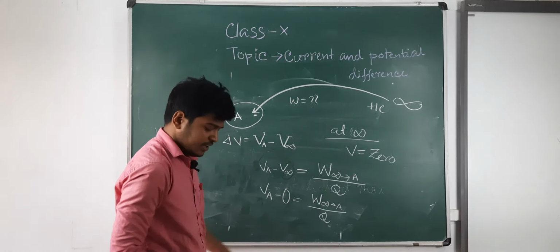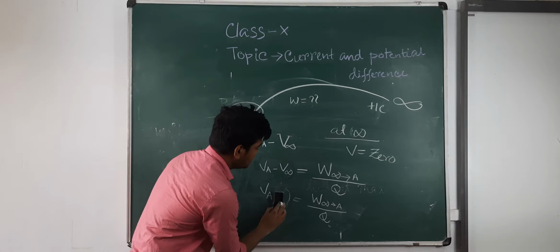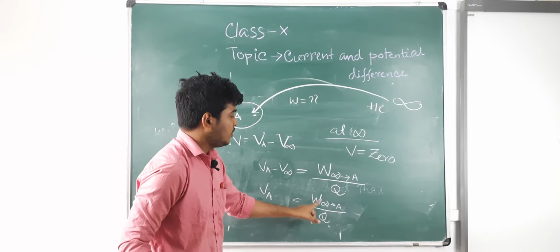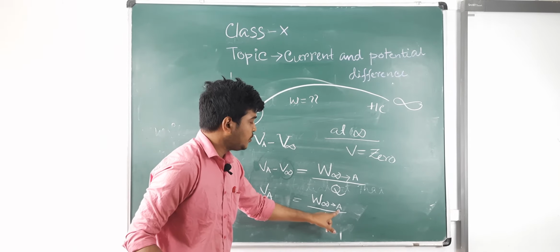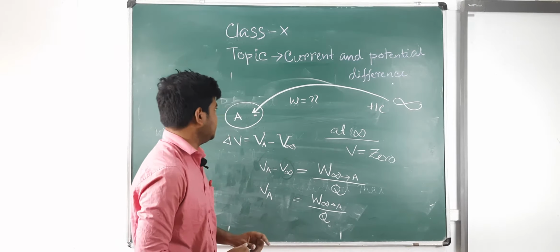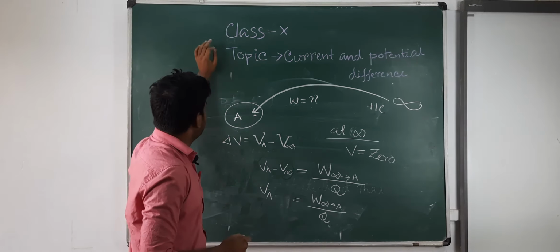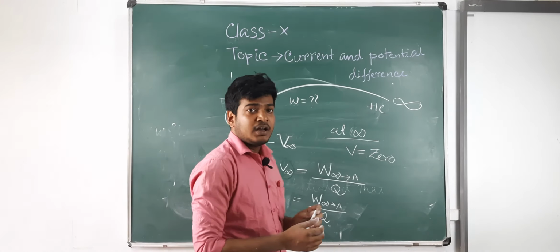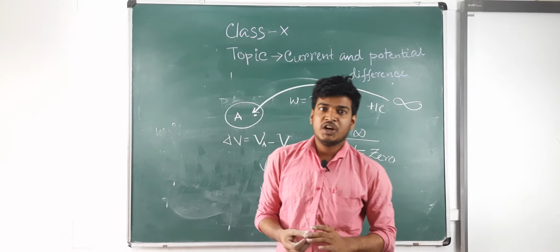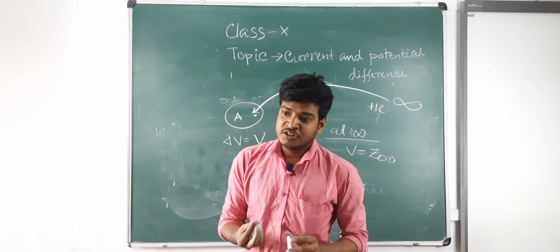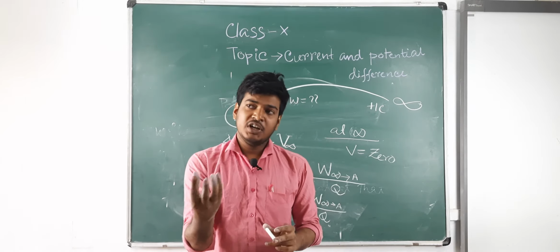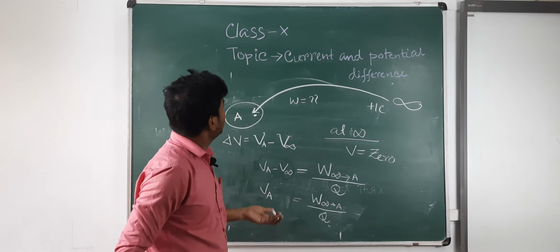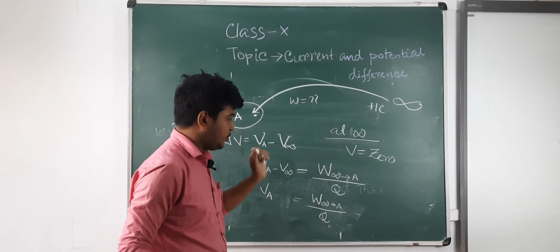So VA, the potential at that point, is the work done from infinity to this point divided by charge. So what is the definition of potential at any point? It is the work done on a positive 1 coulomb charge to move it from infinity to this point A. This is the definition of potential at any point.